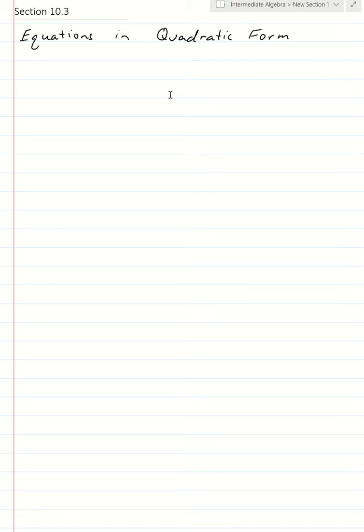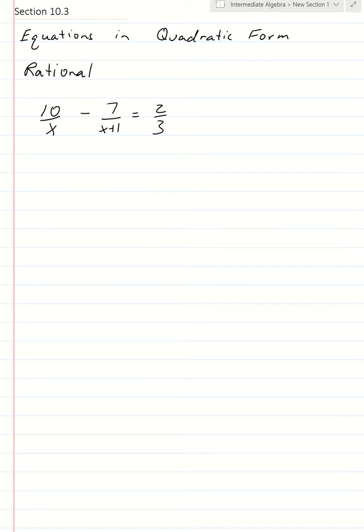And we saw problems like this already in chapters 8 and 9. You may recall in chapter 8, we dealt with rational equations. For example, we may have 10 over x minus 7 over x plus 1 equals 2/3.